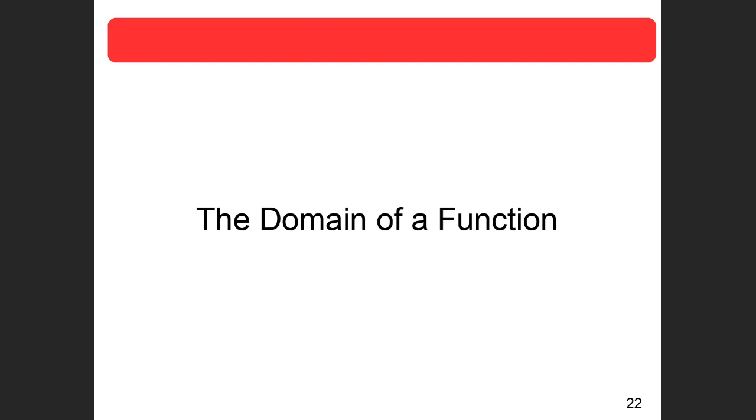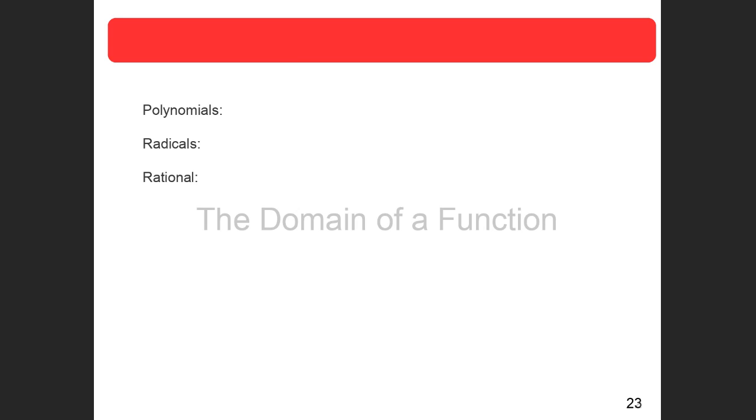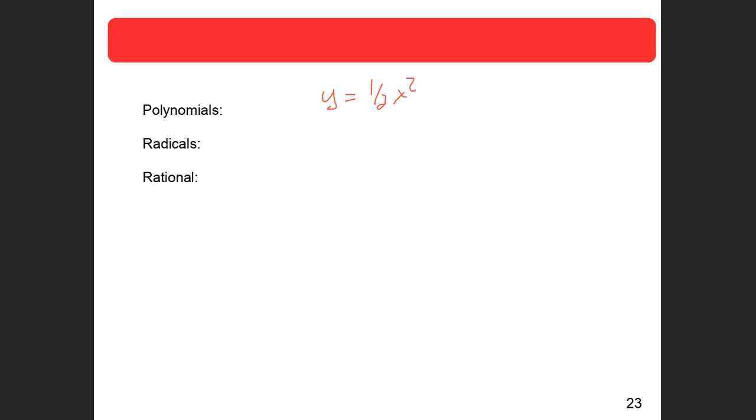The domain of a function. The domain is all of the values that fit into a function. There are 3 types of problems that you can get: polynomials, rationals, or radicals. If you get a polynomial, any polynomial, I don't care what the polynomial is, it can be the craziest polynomial, 1/2 x squared plus 3x plus 5.